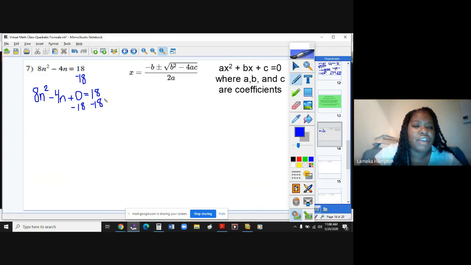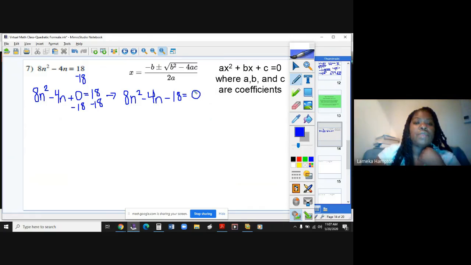I hope everyone can see what I did there. When I do that, I'm going to write my answer over here. I'm now going to have 8n squared minus 4n minus 18 equals 0.